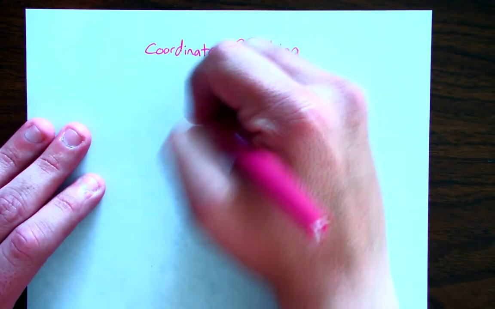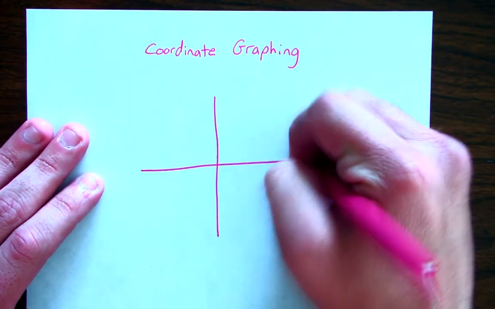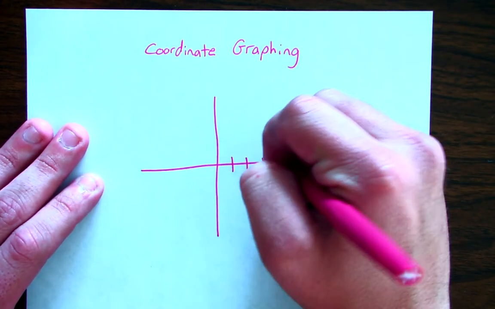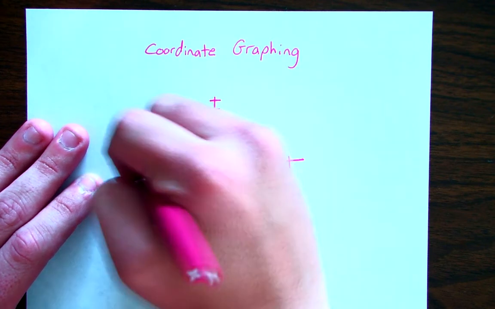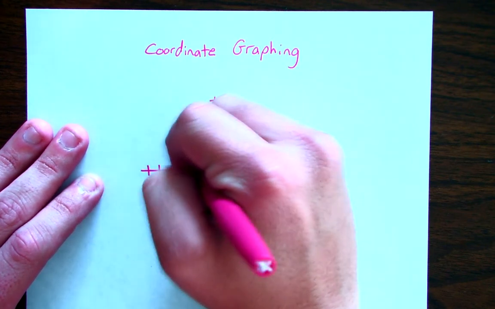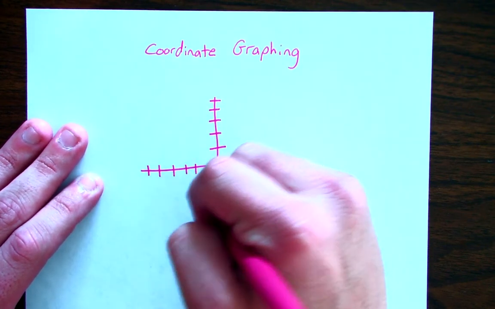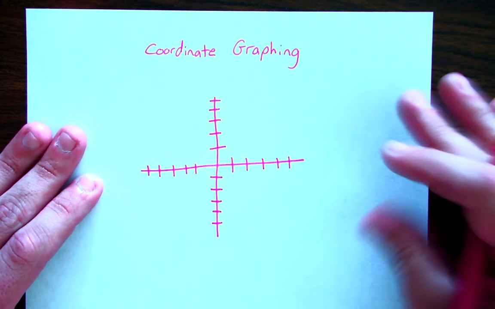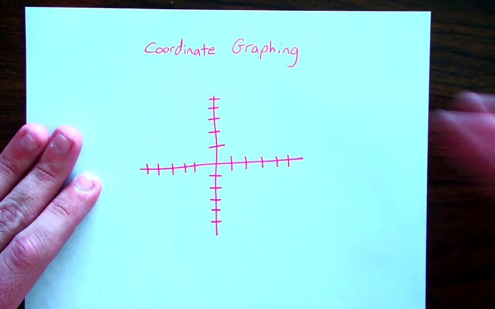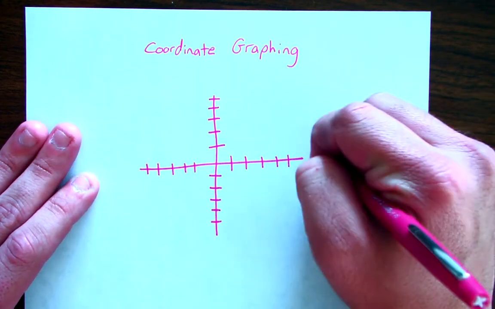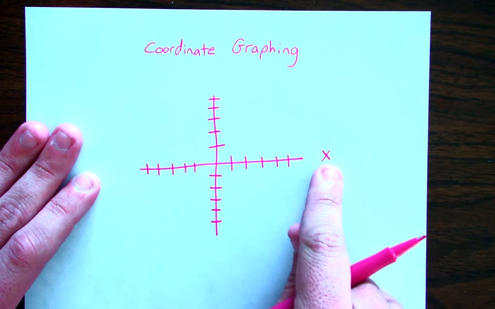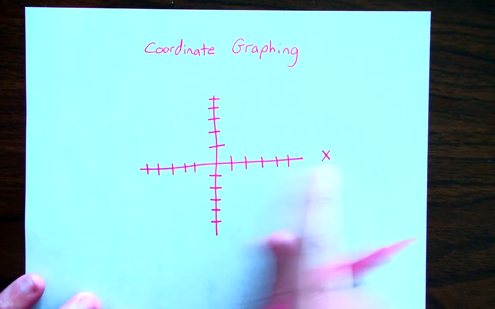So here's my nice little graph. Now I'm going to go back to elementary when we learned our axes. The horizontal axis is my x-axis. On the right side would be a positive x value.